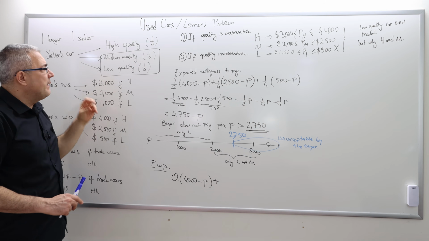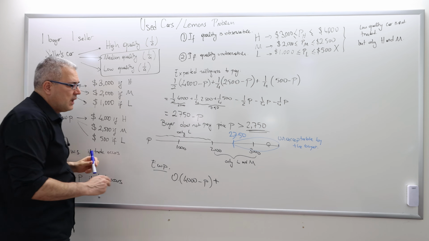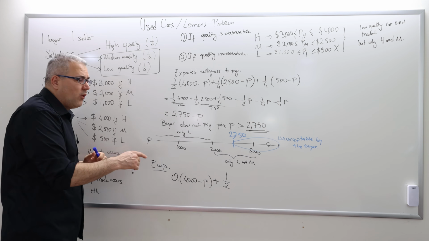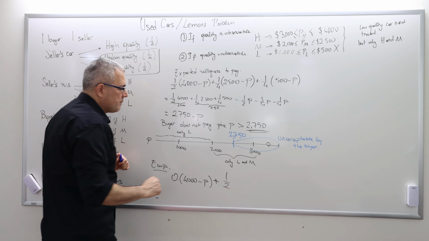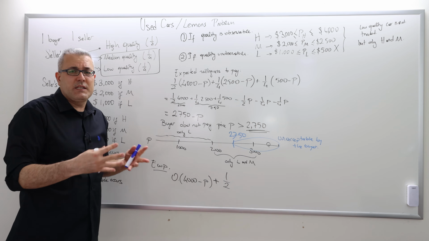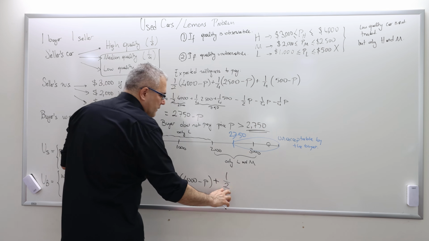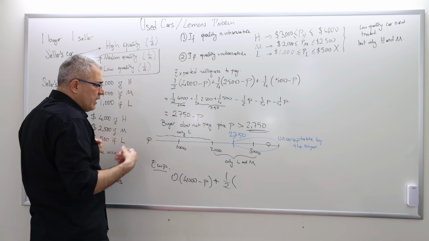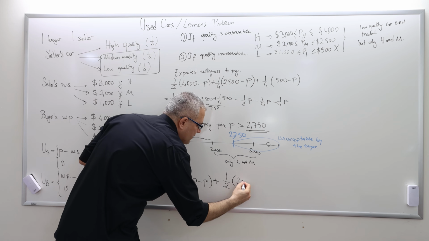So because there are now only two available types of cars, with 1/2 probability, the car is going to be medium quality. We call this Bayesian updating. So we update the beliefs by using the Bayes rule. For those who took a statistics or probability theory course, you would understand what I'm saying. So with 1/2 probability, it's going to be a medium quality car, in which case my realized utility is going to be 2,500.